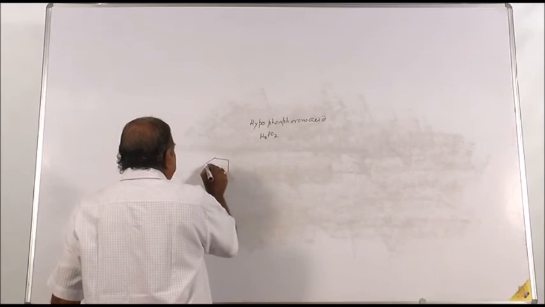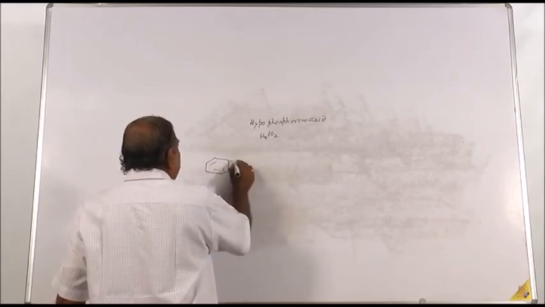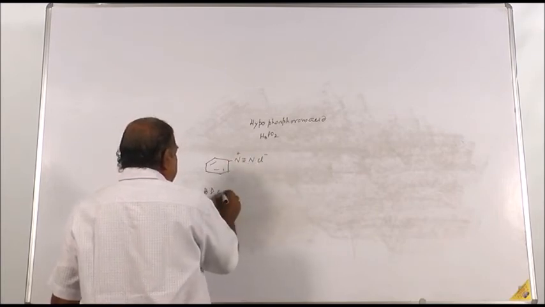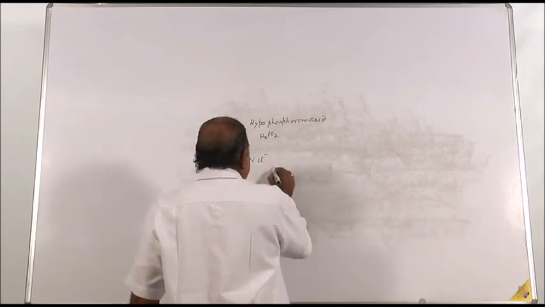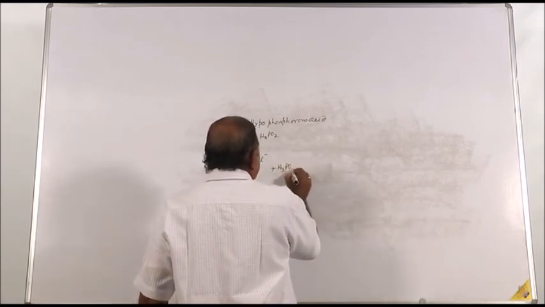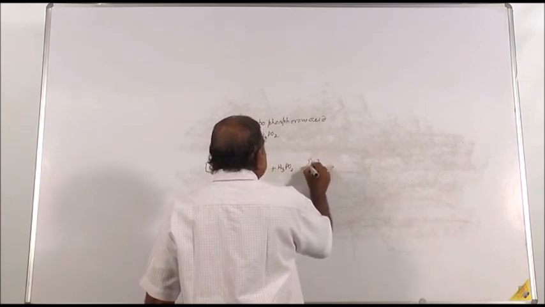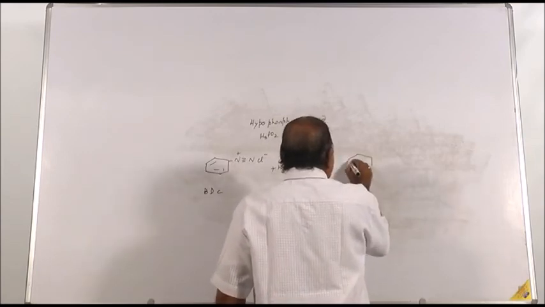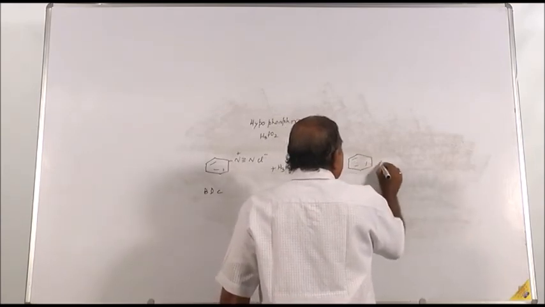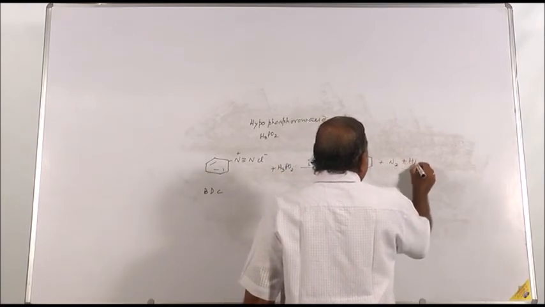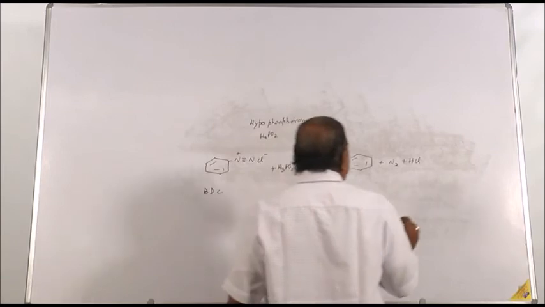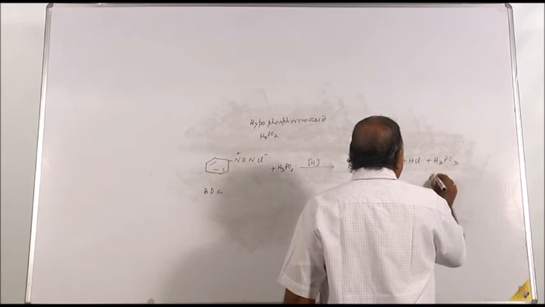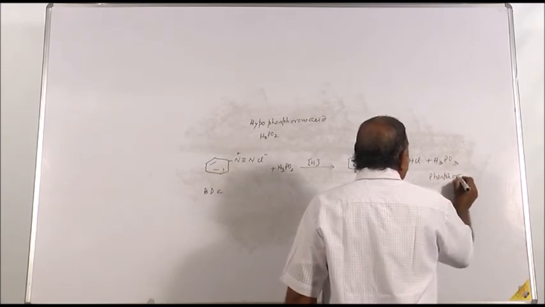So let us take benzene diazonium chloride. I am writing short BDC. When treated with hypophosphorus acid, H3PO2, it reduces benzene diazonium chloride to benzene along with nitrogen and hydrochloric acid, and H3PO2 hypophosphorus acid is oxidized to phosphorus acid.